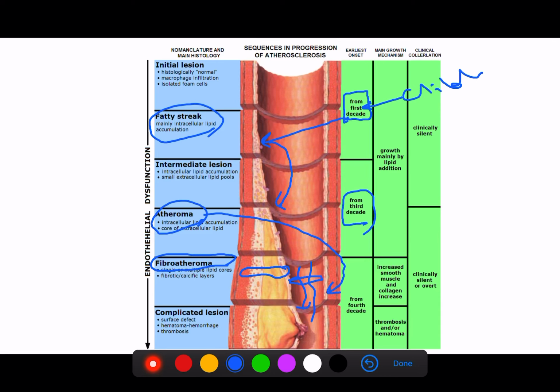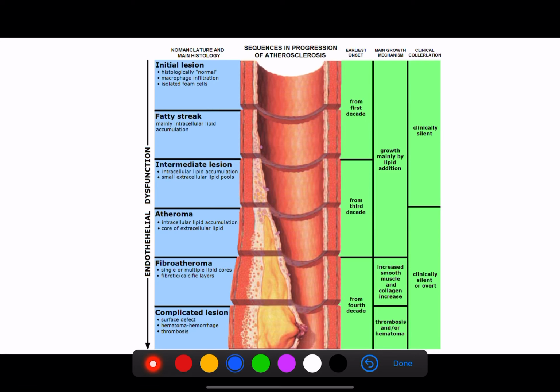Maybe at a later stage it becomes ulcerated with thrombus formation. This is what we call complication of the lesion.